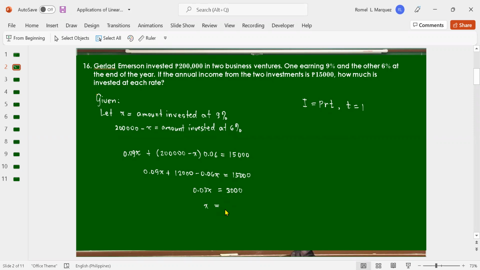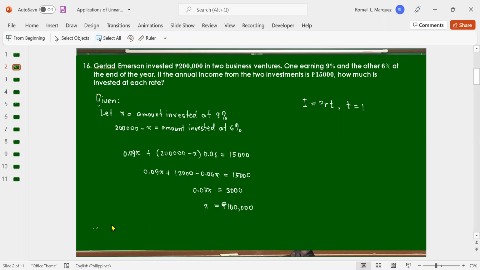So 100,000. Is that correct, children? So it means the amount invested at the one having 6% interest rate. So what is it, guys? 100,000 also. Okay?